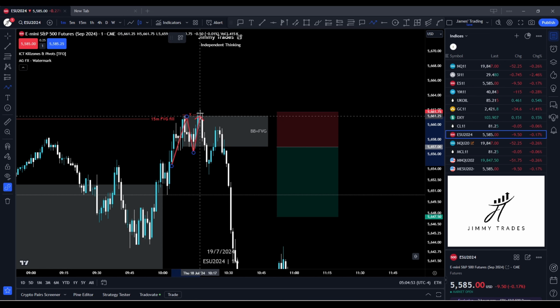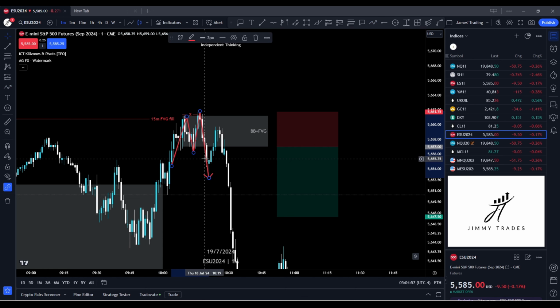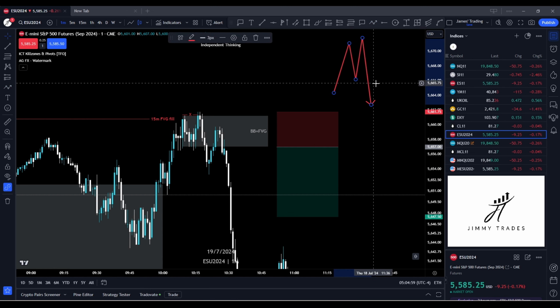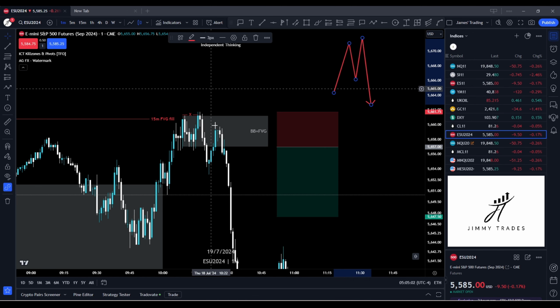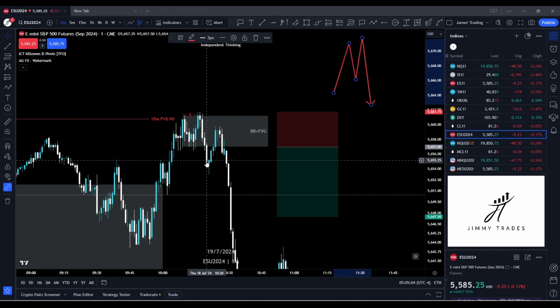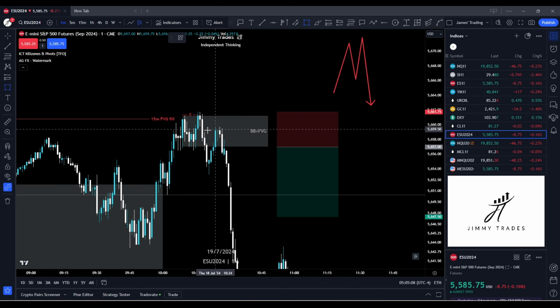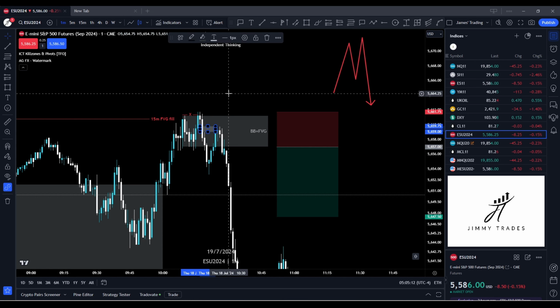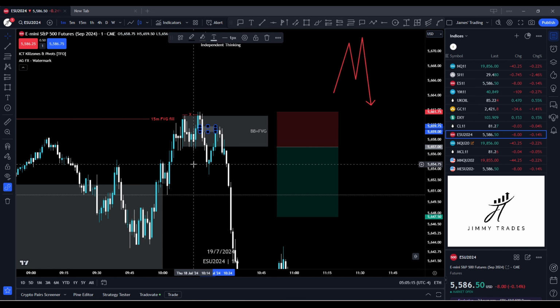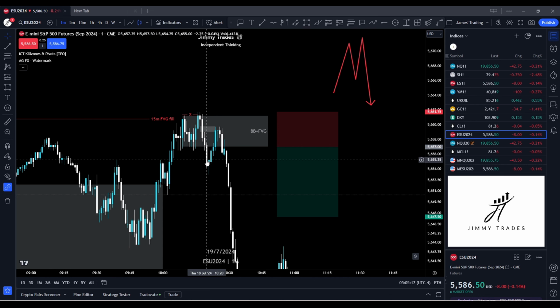This is the formation we look for. We got our stop hunt. Price moves through and displaces through the breaker block, and by displacement we mean it leaves fair value gaps behind. We close outside of the breaker.